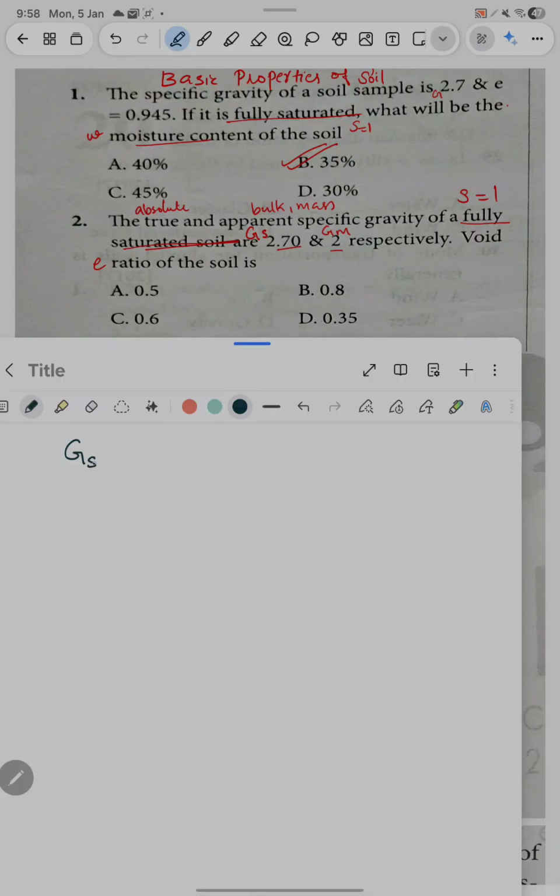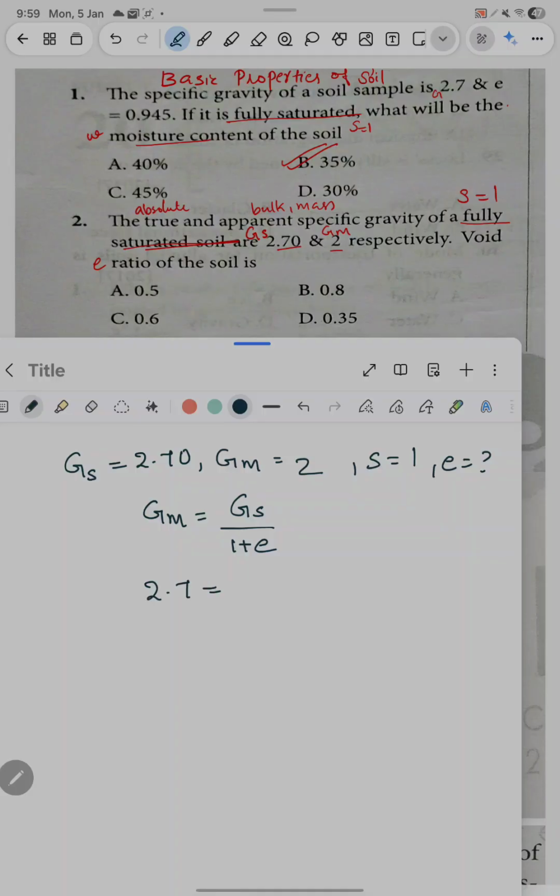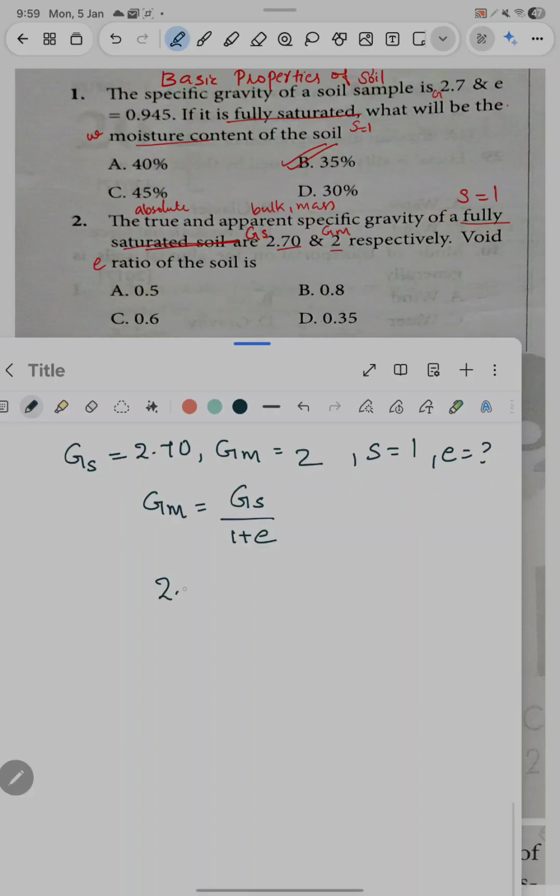So just write the terms that are given in the question. GS is 2.7, GM, mass specific gravity or bulk specific gravity, is 2. Degree of saturation is 1. So we want to find out E. So what is our equation? Equation is GM is equal to GS by 1 plus E. GM is 2, GS 2.7 divided by 1 plus E, which we want to find out.